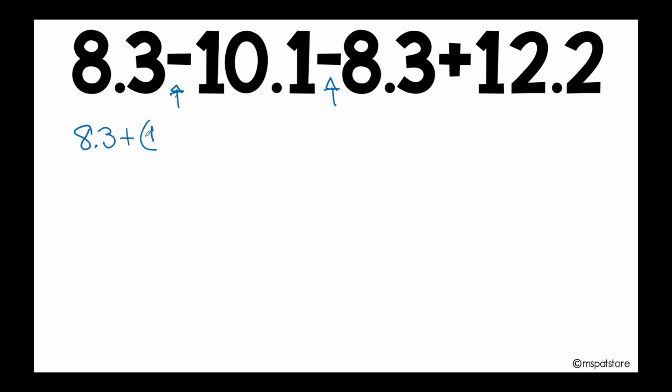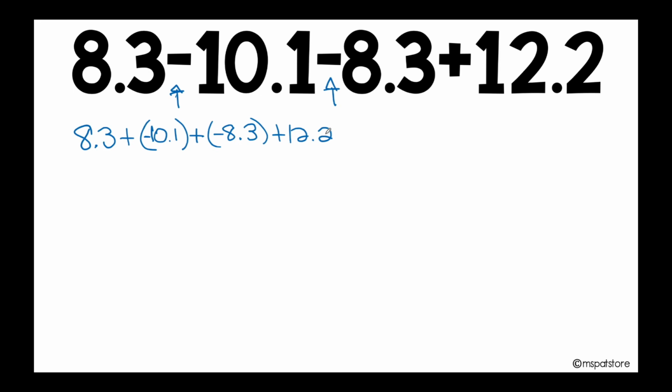It will be negative 10 and 1/10, okay? Now I'm going to add the opposite of positive 8 and 3/10. It will be negative 8 and 3/10. Now I'm going to bring down the other one, plus 12 and 2/10.